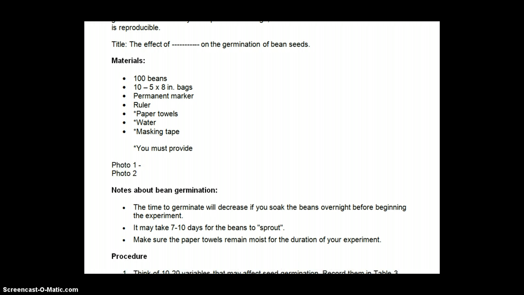Now, there are 2 photos required with this lab write-up. So for photo 1, this is the beginning setup. In your beginning setup, you would have one picture of 2 bags for light, 2 bags for the next variable that you choose, 2 bags for the next variable that you choose.